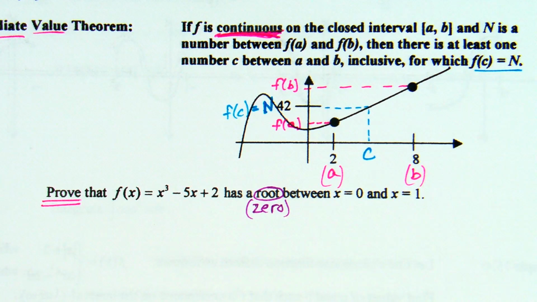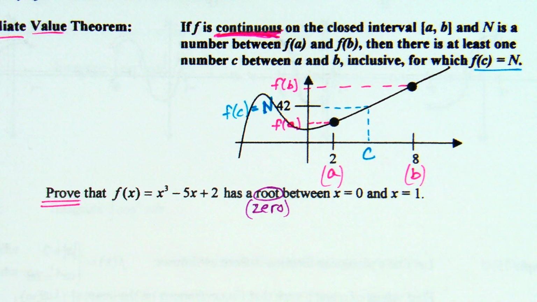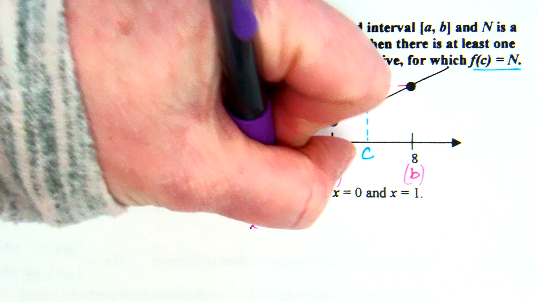Okay. So we are trying to prove that this function has a root between x equals 0 and x equals 1. So we're trying to prove that this function has to cross the x-axis between x equals 0 and x equals 1. So I guess if you want me to put x-intercept on here as well, I can.